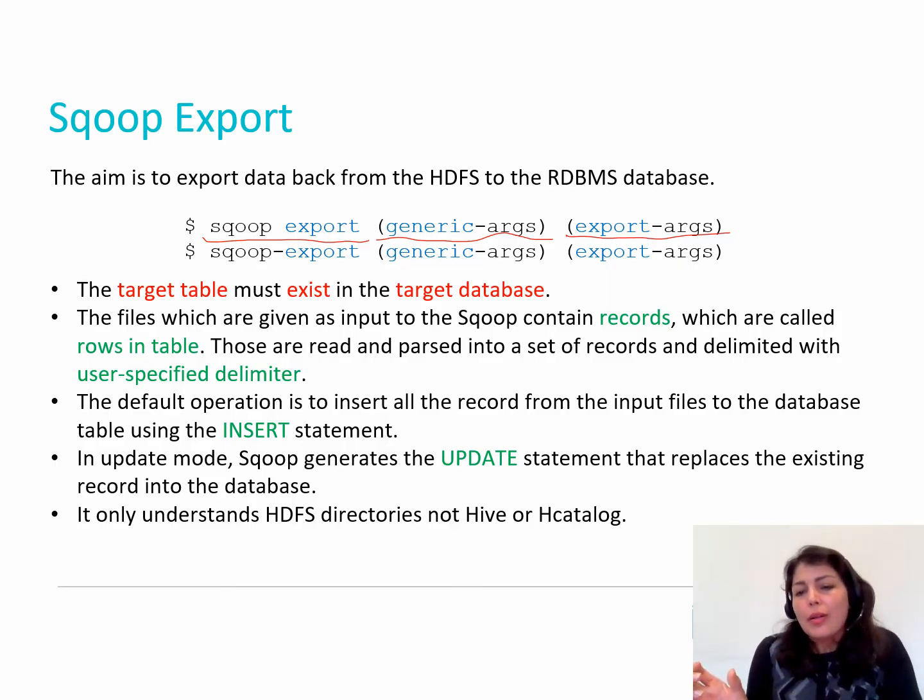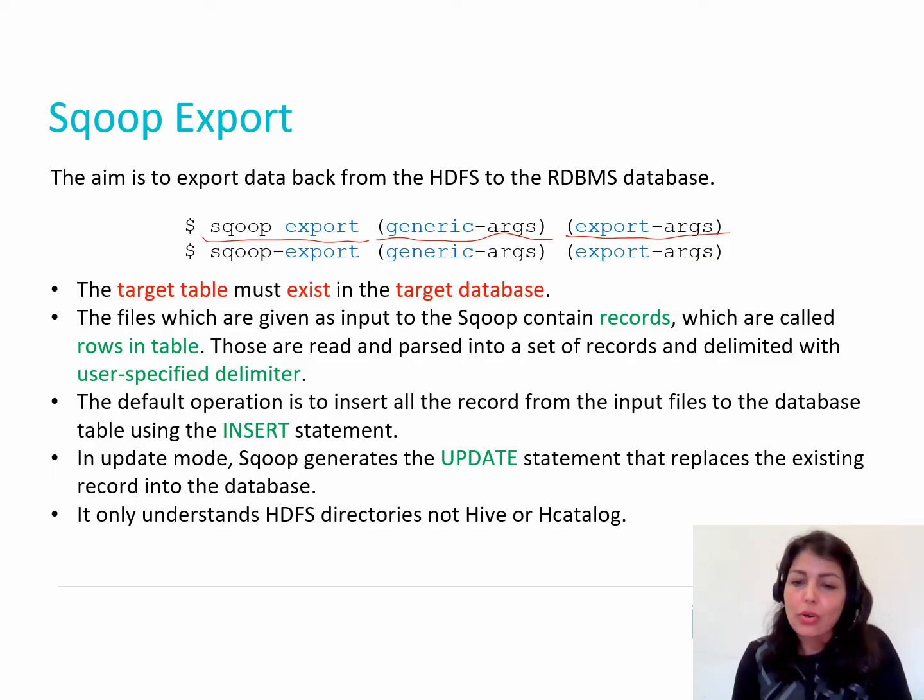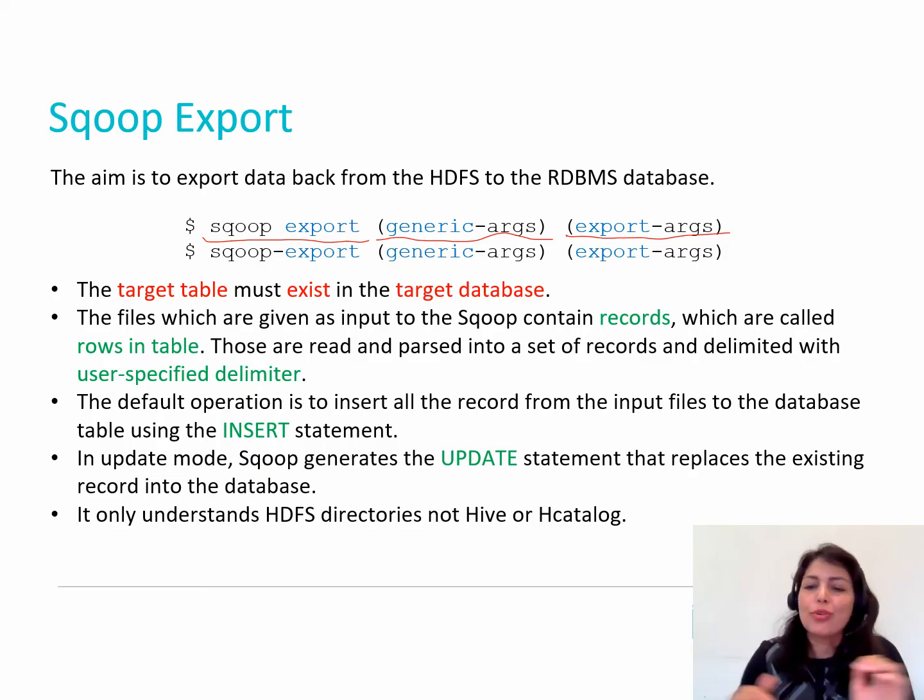So it's really important that records in the HDFS file have delimiters to separate each element in the record, because these records would be rows in the table, and the elements in each record would be the fields, or the values of columns in the table. So you have to make sure the record in the HDFS file has reasonable delimiters. Otherwise, it's not possible to make this export.